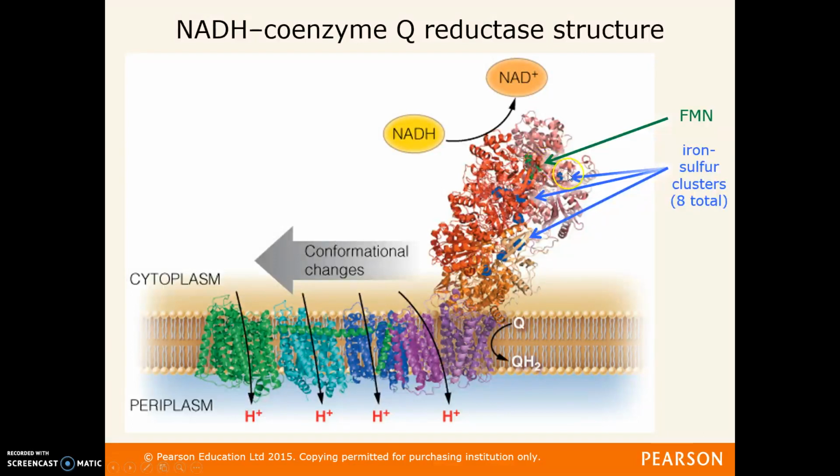Those electrons are dumped onto the iron molecule, but the iron molecule can only take them one at a time.